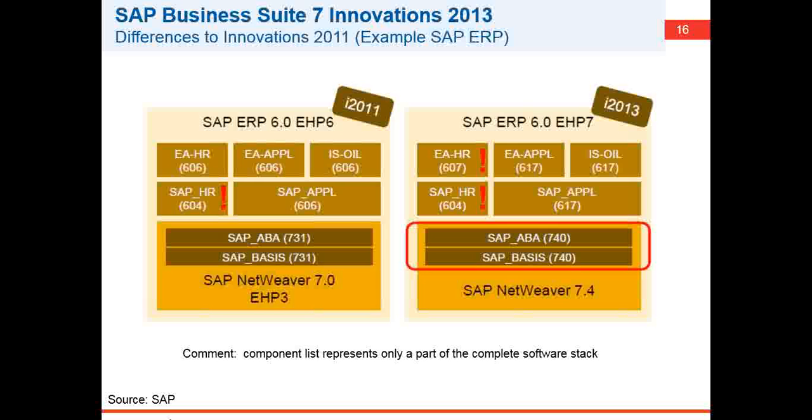On this slide, we see a few more components listed here and what their versions would be as we move forward. I'm not going to spend any time on here. It's just put here as an example for you, the differences between Enhancement Package 3 for NetWeaver 7.0 and NetWeaver 7.40 and what some of those versions become.